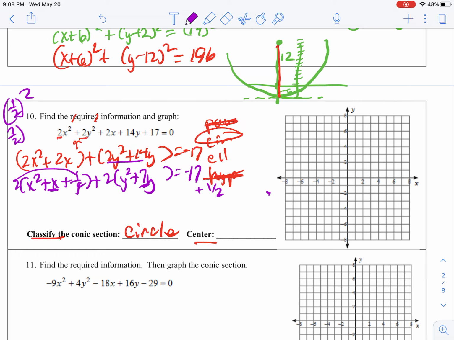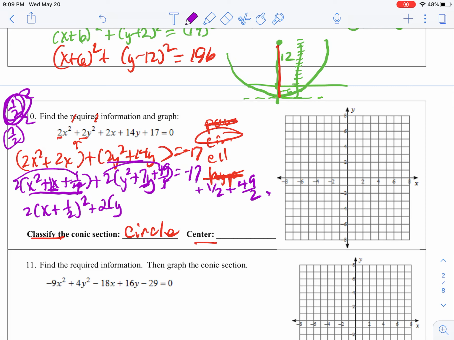Half of 7 squared is 49/4, but it's really 49 halves to that side. So this is 2 times x plus 1/2 squared. How did I know that? Because I had 1/2 times 1/2 gave me 1/4, and 1/2 plus 1/2 gives me 1.